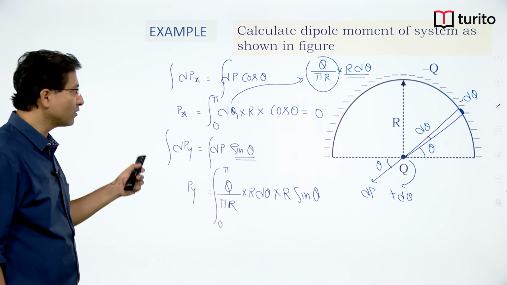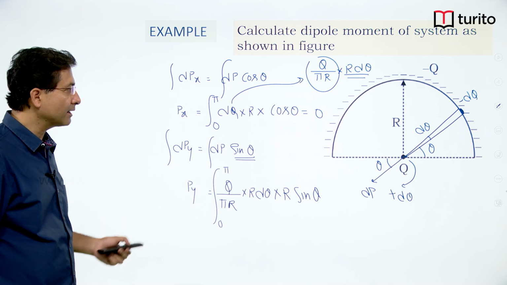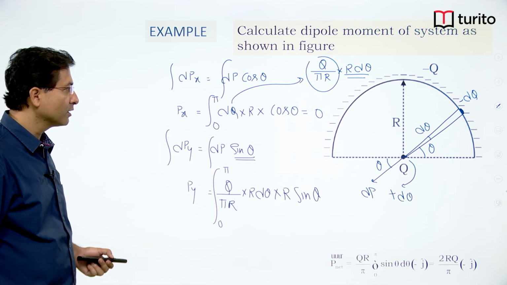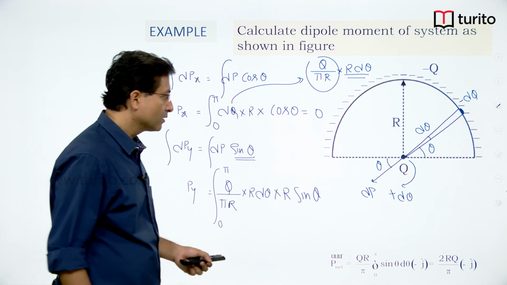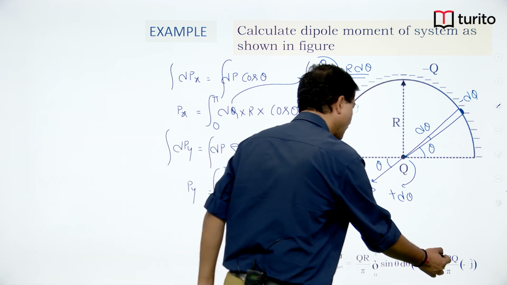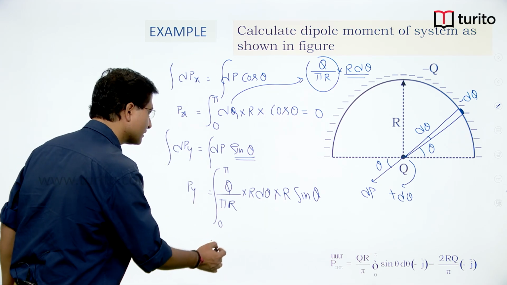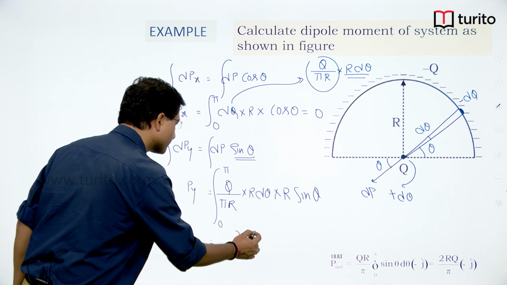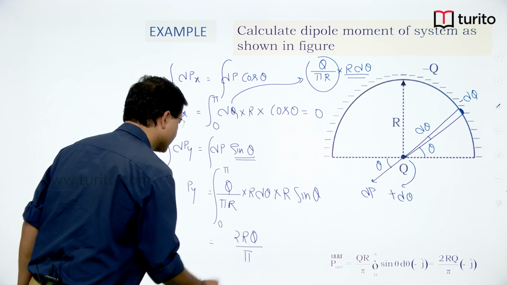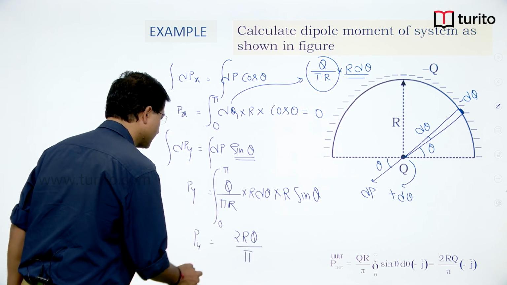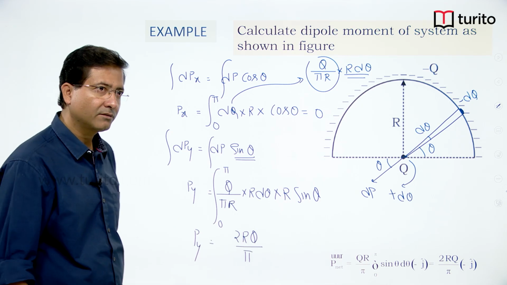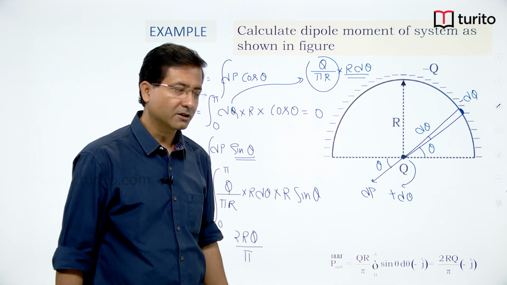So, we are not getting any x component, we are getting only the y component. So, once you simplify you will get this result, right. So, 2 r q divided by pi j cap. So, after simplification I will write it here, that is 2 r q divided by pi, right, only in the negative y direction.